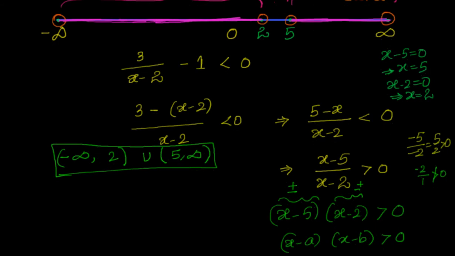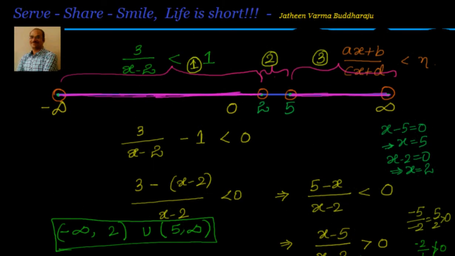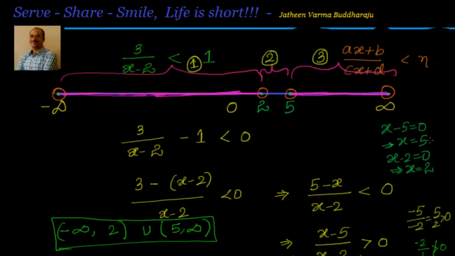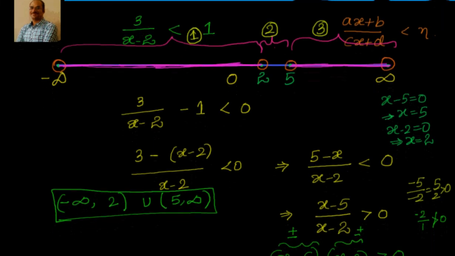So let me summarize how to do that. Whenever you get a problem in the form of ax plus b by cx plus d less than n, try to make your RHS as 0. Then you will have it in the form of ax plus b and cx plus d. Find out the values of x from the numerator and denominator. Those two values are critical points. Now the number line is divided into three parts.